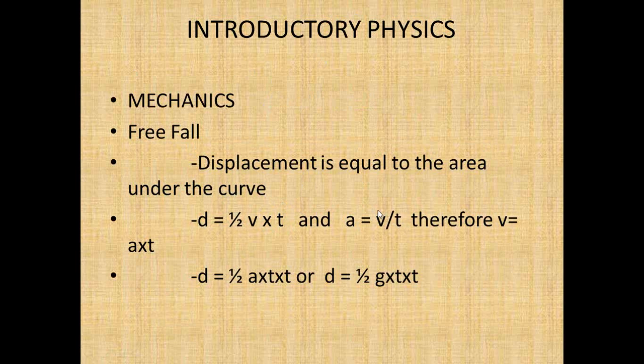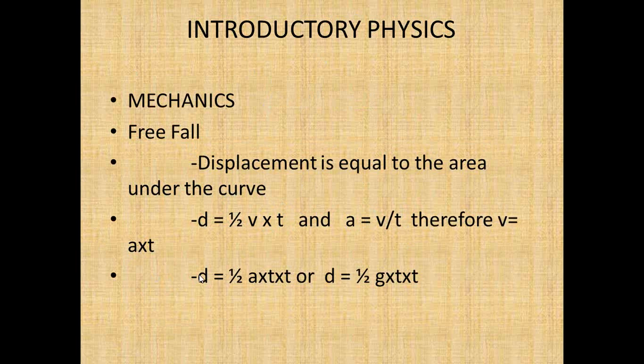But because we drop the object, the initial velocity is zero, so we can represent acceleration, which is acceleration due to gravity, as g equal to the final velocity over time. If you rearrange this equation, then the final velocity is equal to acceleration times time, and this is acceleration due to gravity.